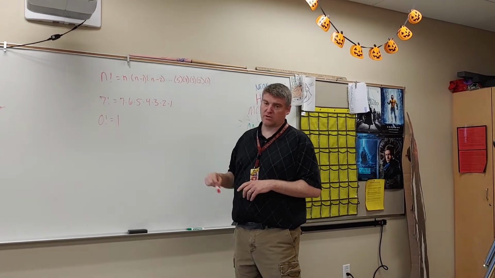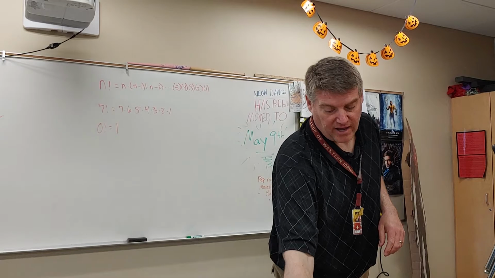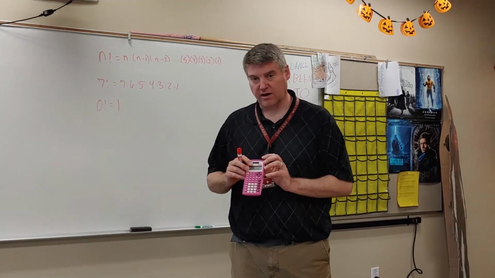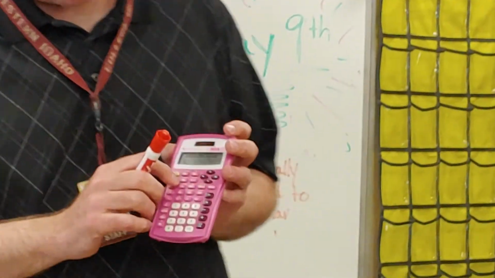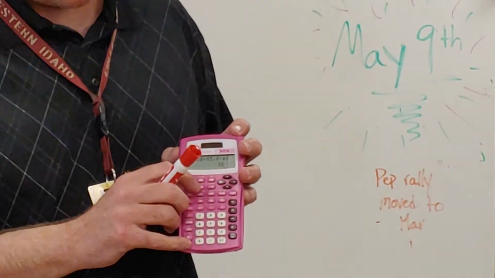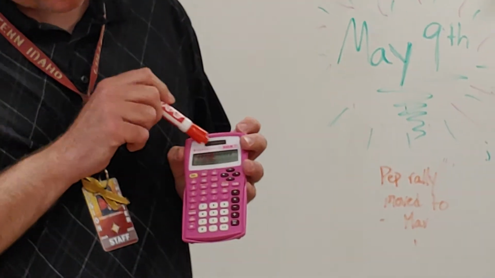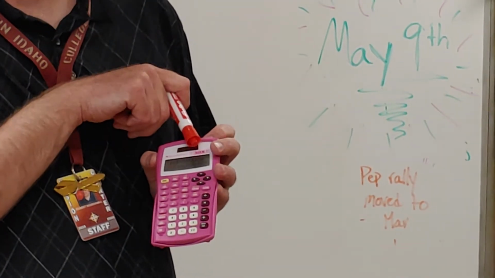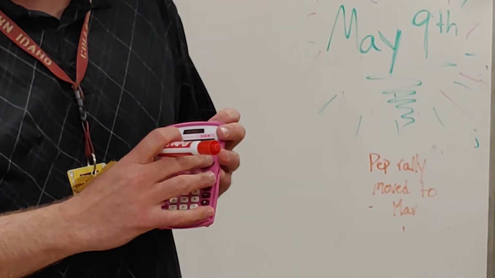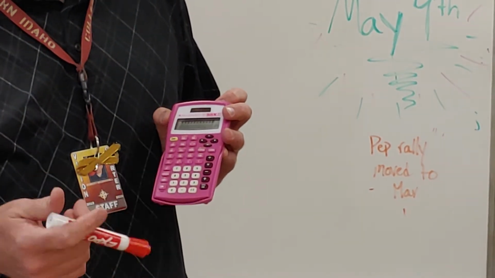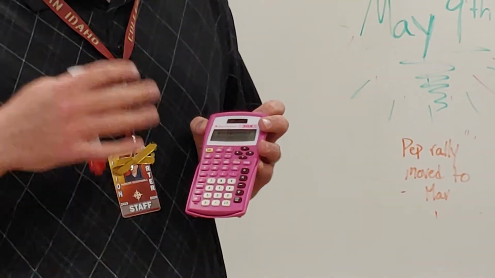Now, this factorial button is actually on your calculator. On your calculator, there's a PRB button right down here. You hit the PRB button, and you'll see nPr, nCr, and then a factorial, an exclamation mark. You can just arrow over to that and click on it, and that's your factorial.